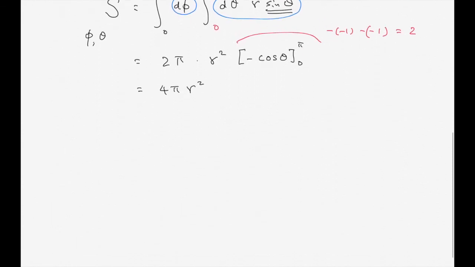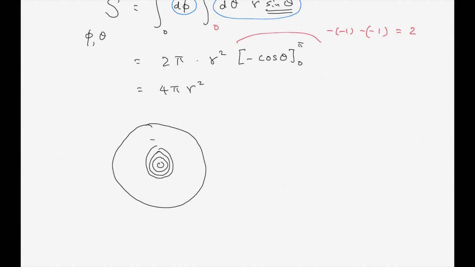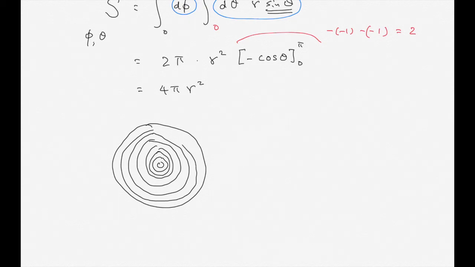Then once we discover the surface area of a sphere, we could find the volume. So we could consider a solid sphere is composed of a number of thin shells.